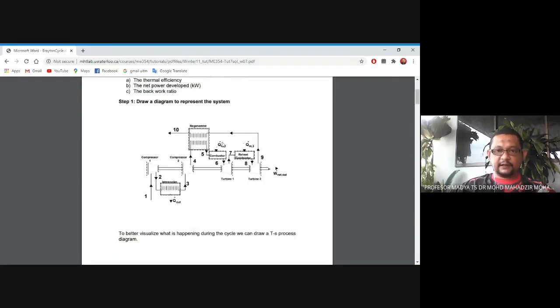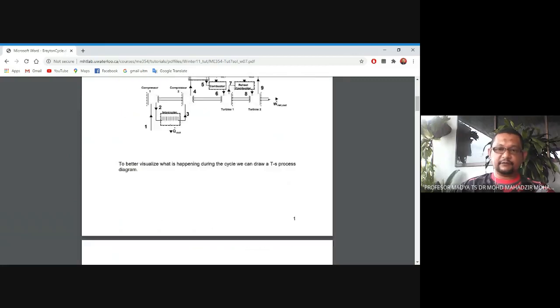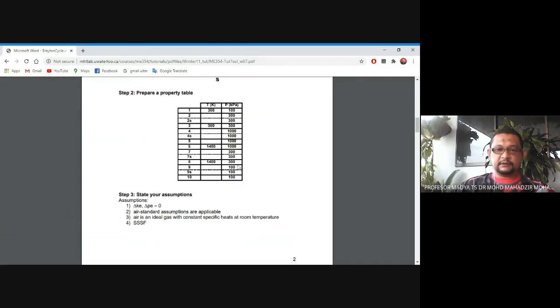Q in number one is in the combustion chamber. Q in number two is in the reheat combustor, because we made the modification. That means you also have another device called a reheater, so we add heat in that device too. That means Q in has two.